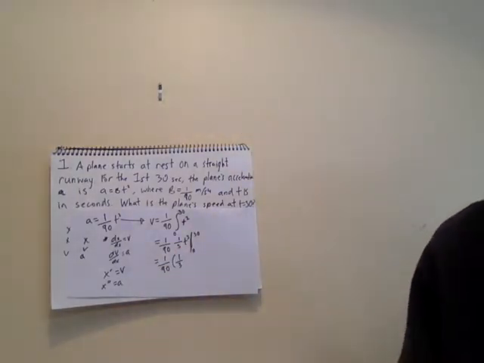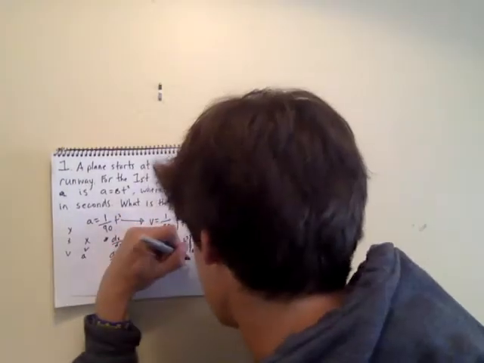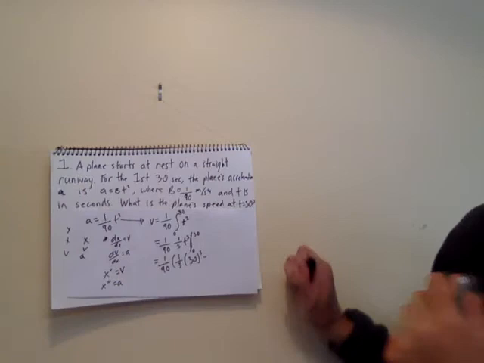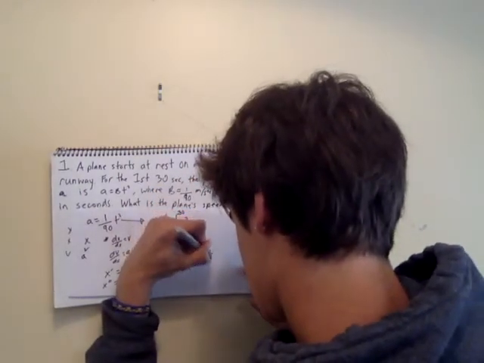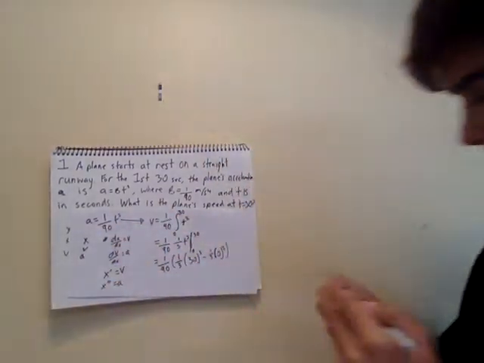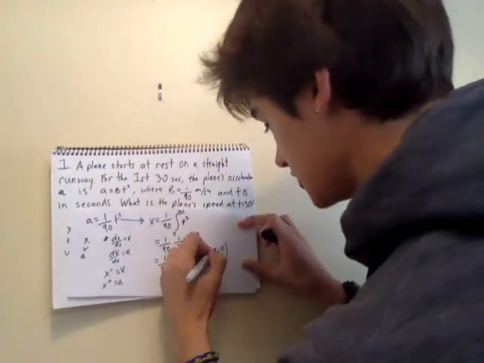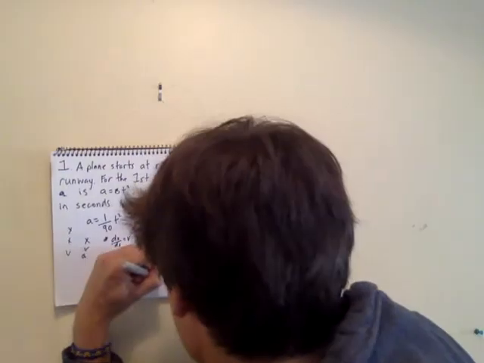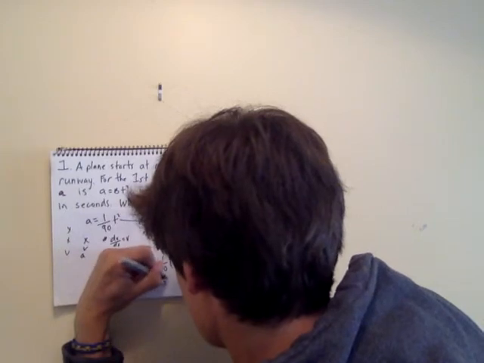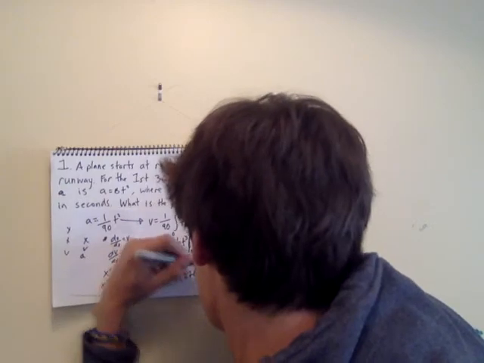The first thing is going to be one third times 30 to the third power, and then we're subtracting one third times 0 to the third power. We know that this is 0, since 0 to the third power is 0. 30 cubed is 27,000.